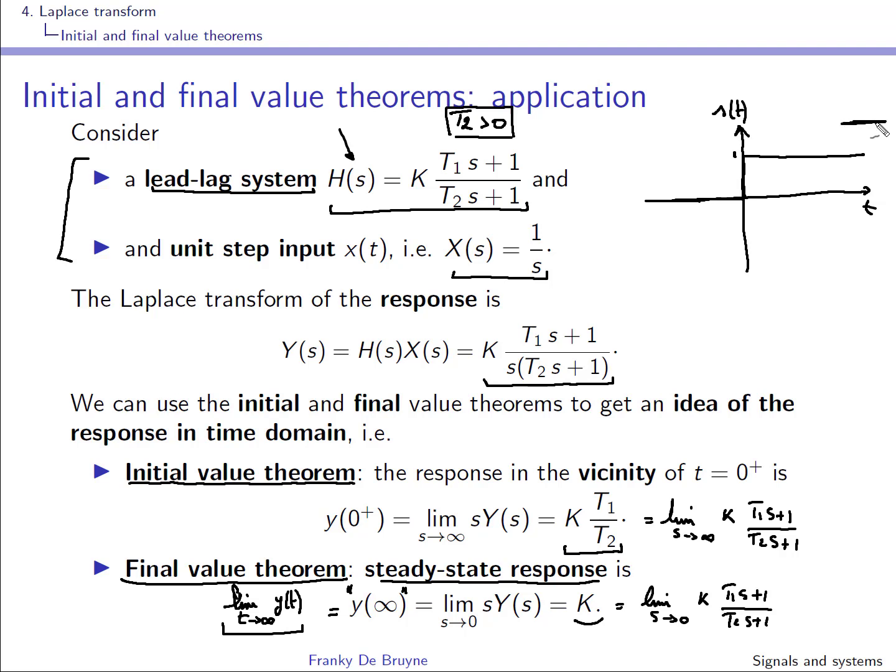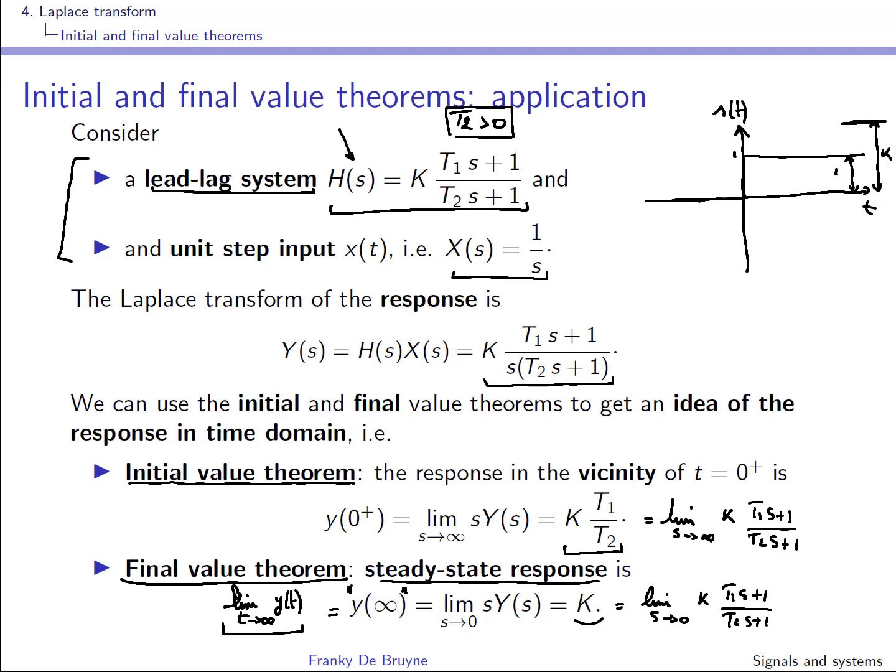So this is 1 over here because it's the input, and this is k, right?